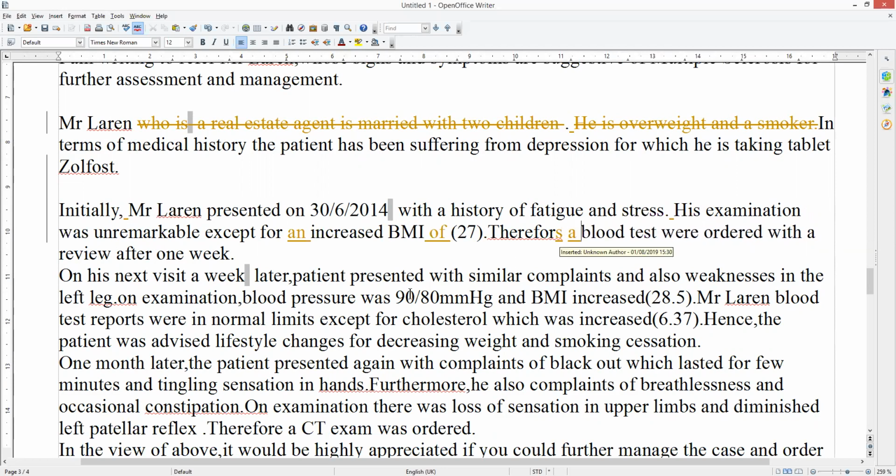So you've got your main verb here, "were ordered with a review." So the review was ordered with, oh, hang on, that should be an E, sorry. There. "Therefore, a blood test was ordered and a review was scheduled after 1 week," not "with a review after 1 week," because it seems like it was ordered, because that's a main verb in the sentence.